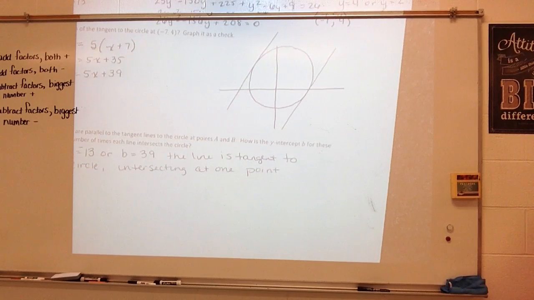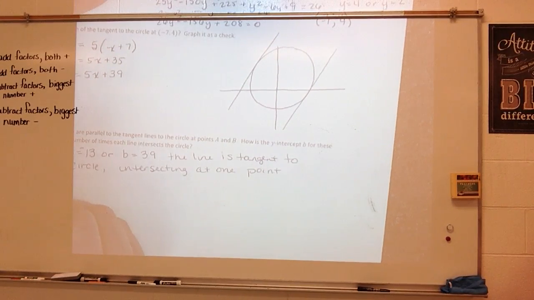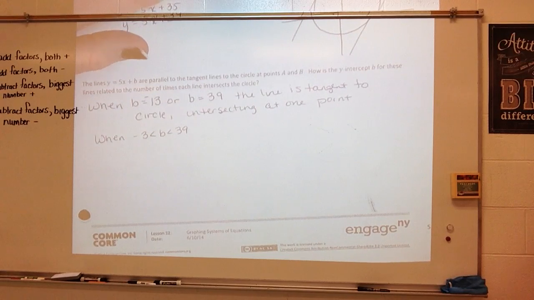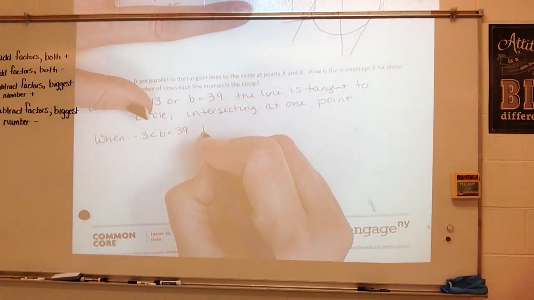Okay? When negative 13 is less than b is less than 39, the line intersects the circle at 2 points.